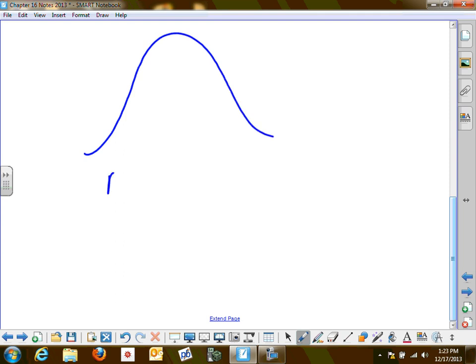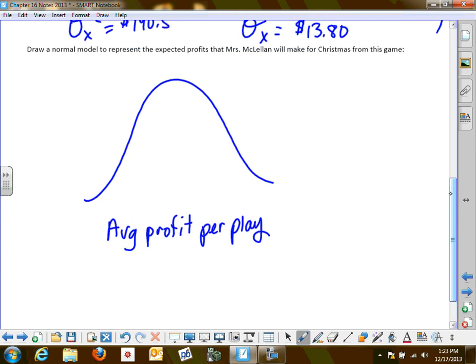This is the average profit per play. Okay, so what will the average profit per play be? $1.35. And how many standard deviations up are on the normal model? 3 up, 3 down. Okay, and each one of those standard deviations is actually quite large. It's $13.80.